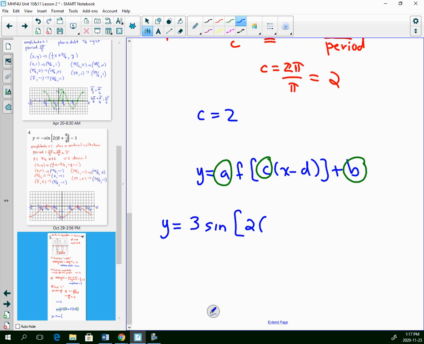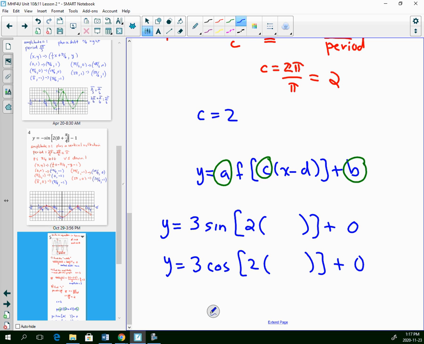C is 2. And B is 0, so I don't really need to write that. It's going to have a vertical shift of 3, a horizontal compression of a half, and it's not shifted up or down.